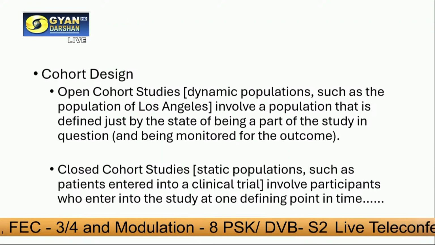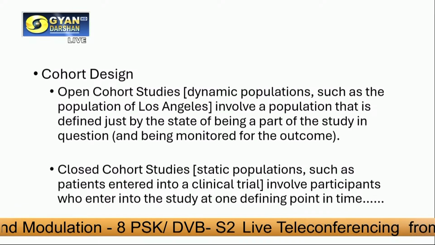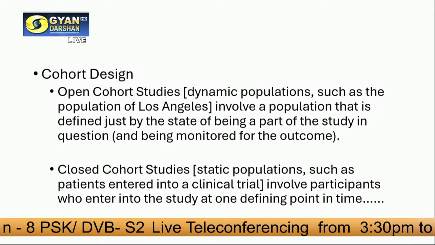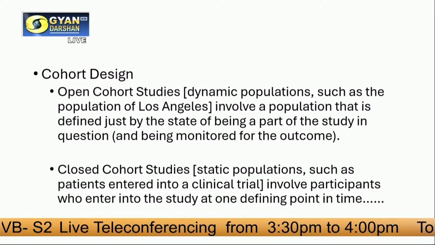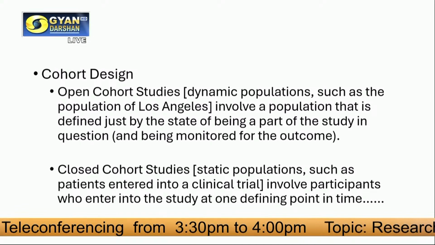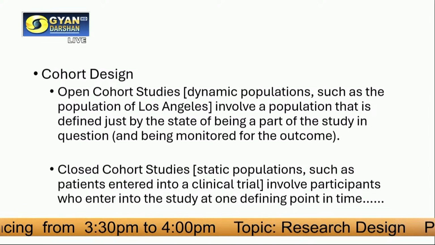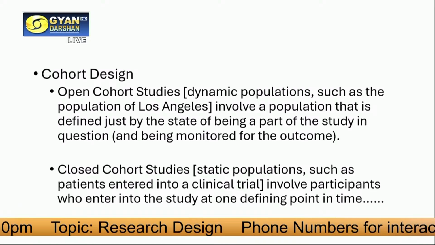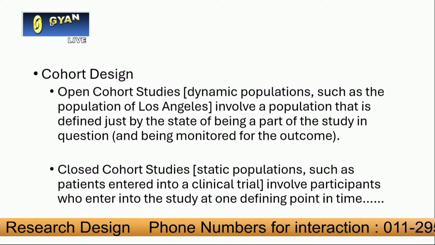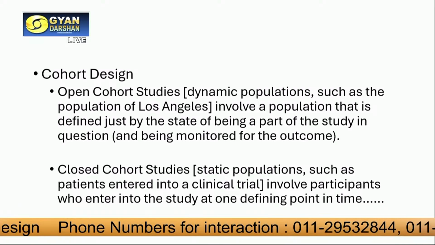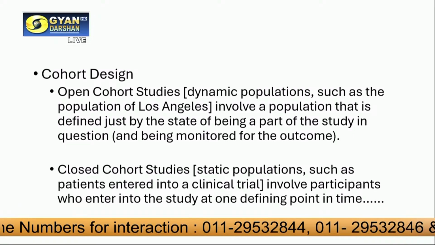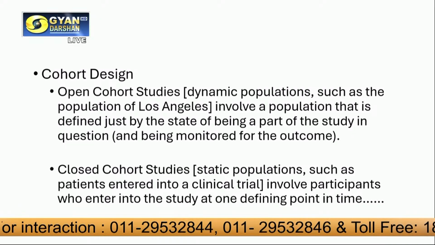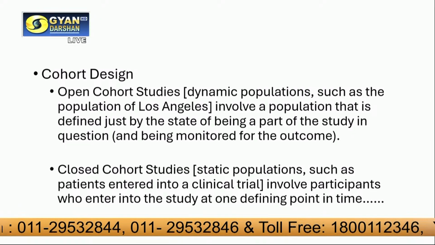Then we come to cohort design. Normally for an MA dissertation, we do not advise our learners to use a cohort design, but if you are working with some civil society organization, research organization, international bodies, or policy making bodies, then you may be part of the entire team, and you can think of designing a cohort research design.